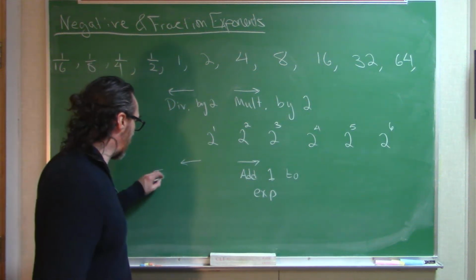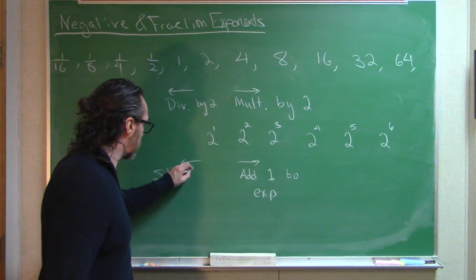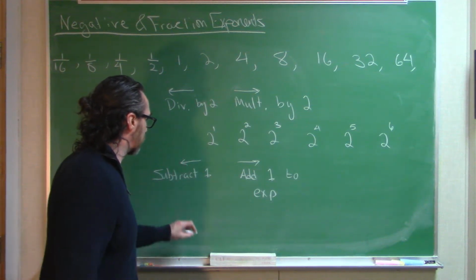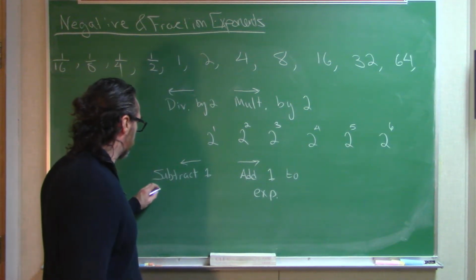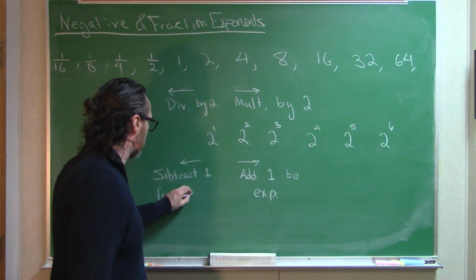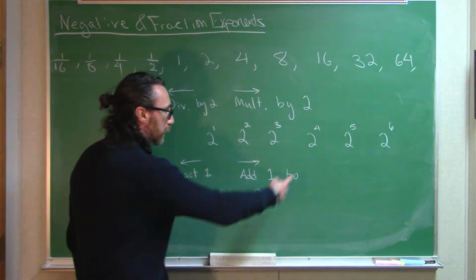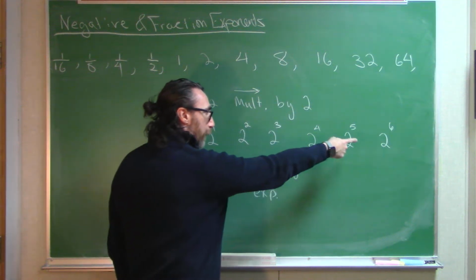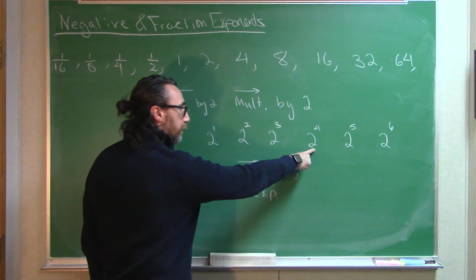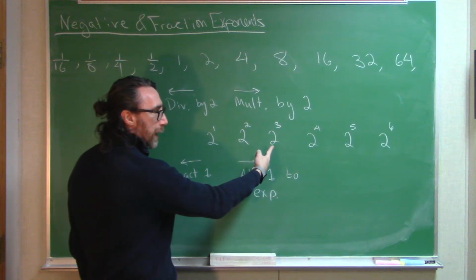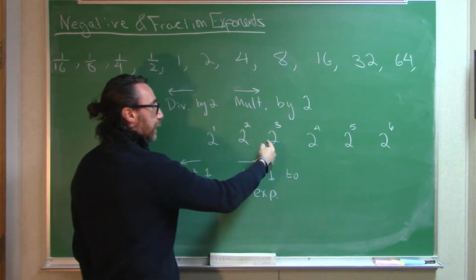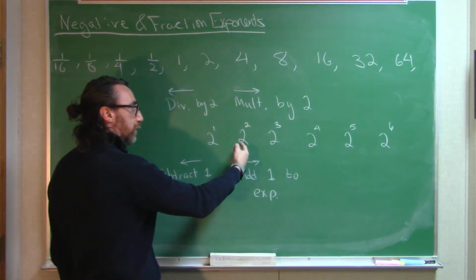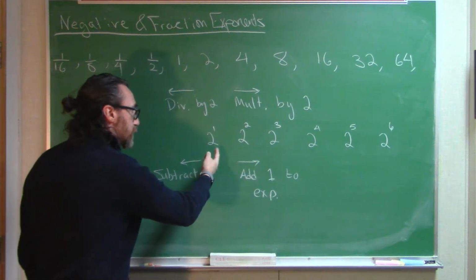So we should subtract 1 from the exponent. Because if you're here and you want to go left, well, you don't add 1 because that'll take you over here. If you lower the exponent, now you get here, 2 to the third. Lower the exponent by 1 again, 2 squared, 2 to the first.